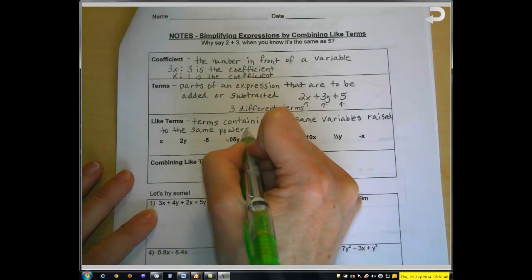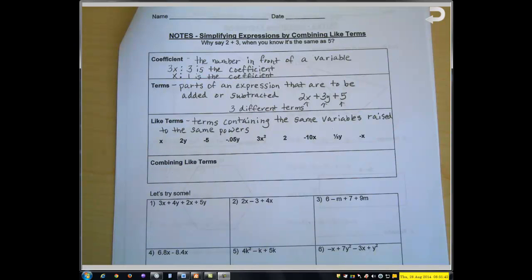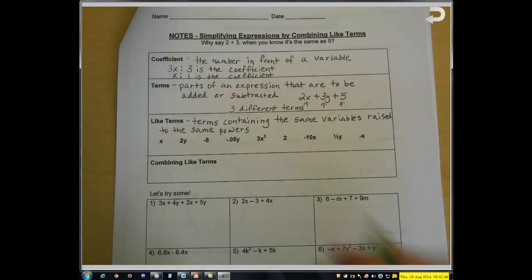So in order to be like terms, both the variable and the exponent have to be the same.